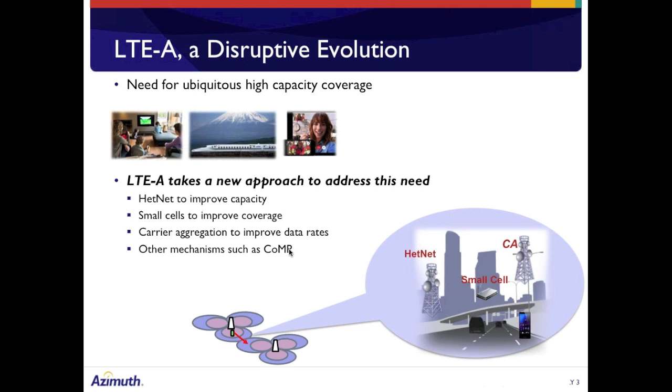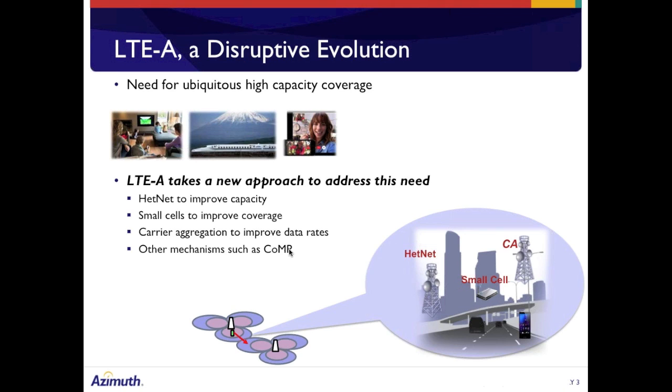There is a strong demand for ubiquitous high-speed coverage. People want high-speed coverage everywhere, and whether it's for streaming data or for emerging applications, there's this growing need for data. Now, I'm not even talking about other applications such as M2M, which are not data intensive but are humongous in terms of numbers nevertheless.